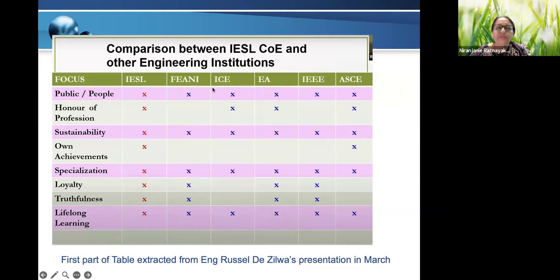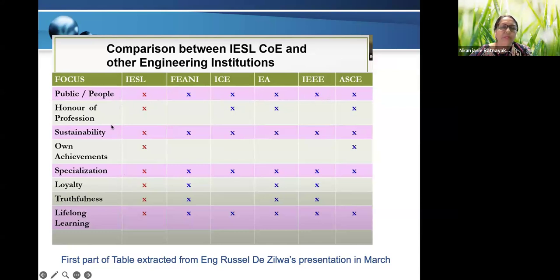Right, so if you can see, the pink rows are the very critical high priority clauses that are common to so many of the international engineering professional bodies, right?